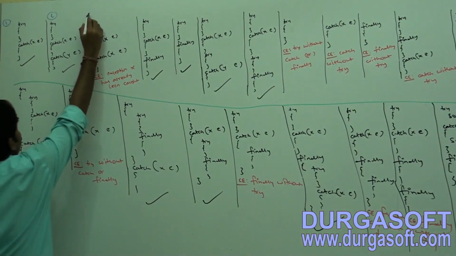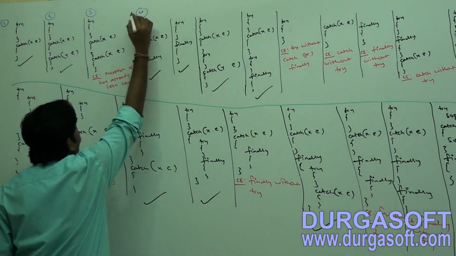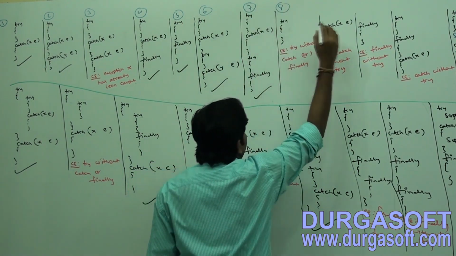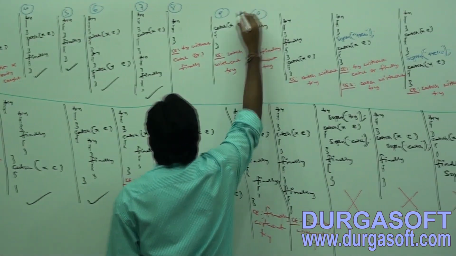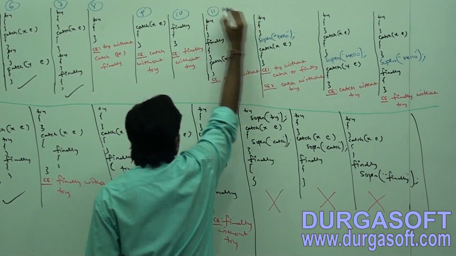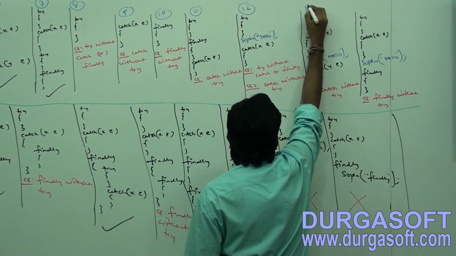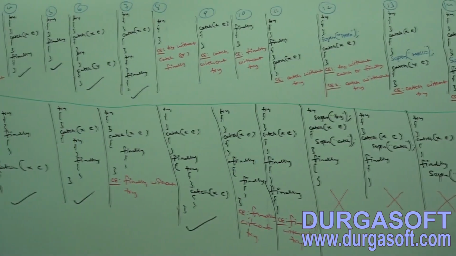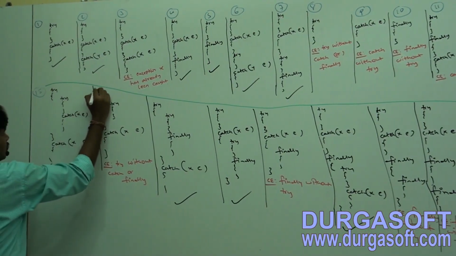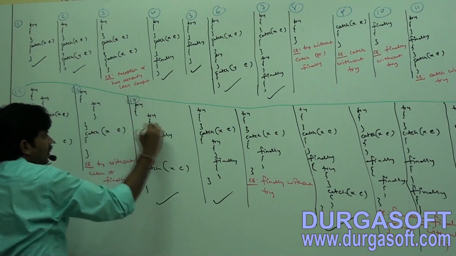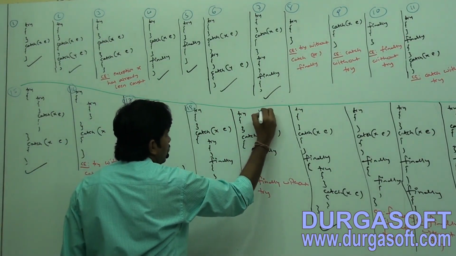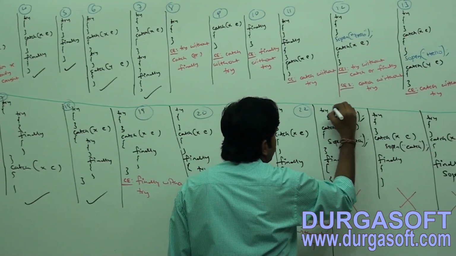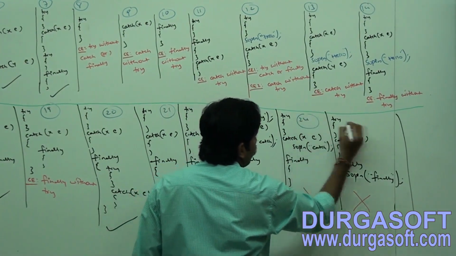Don't take legend, because I have to add some theory things. So 1, 2, 3, 4, 5, up to 25.